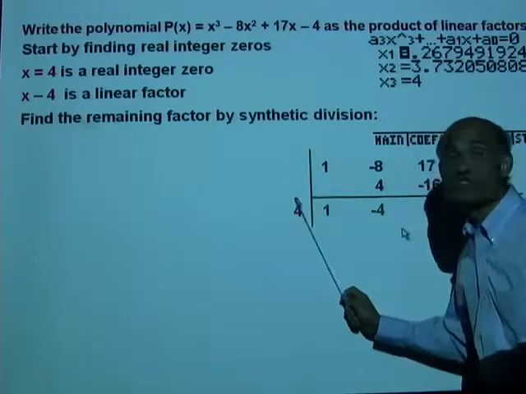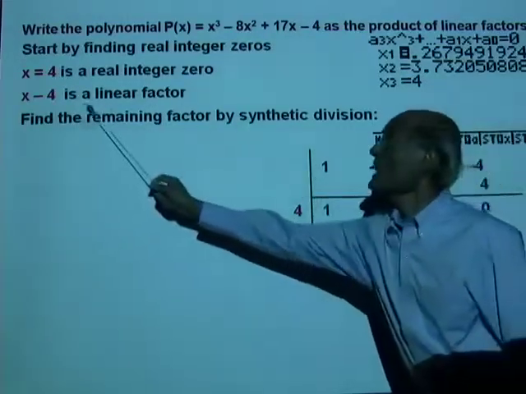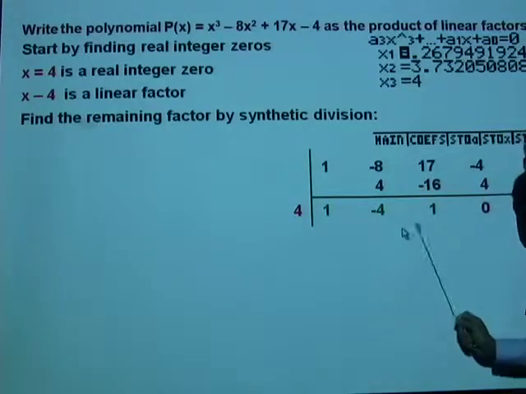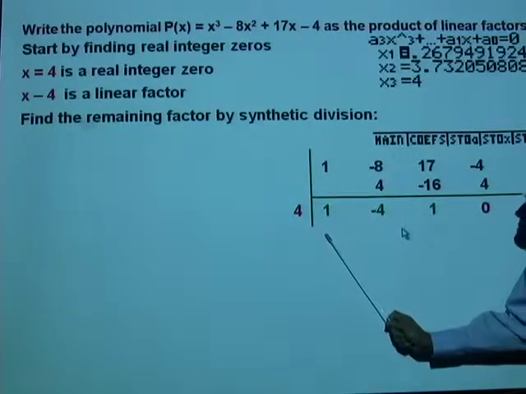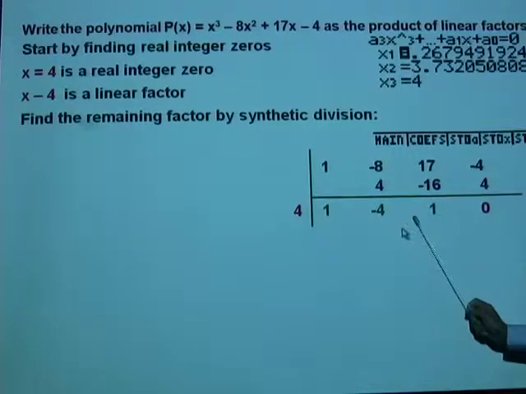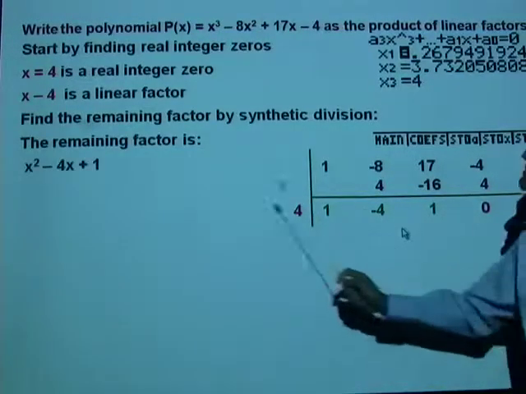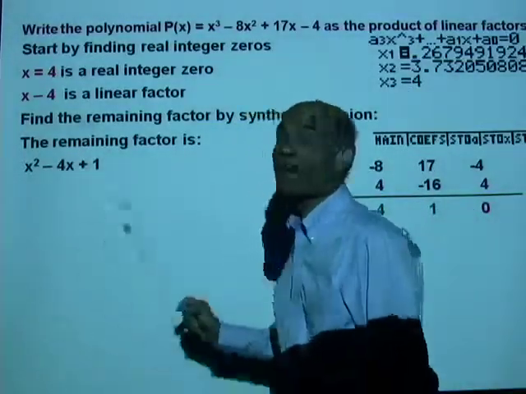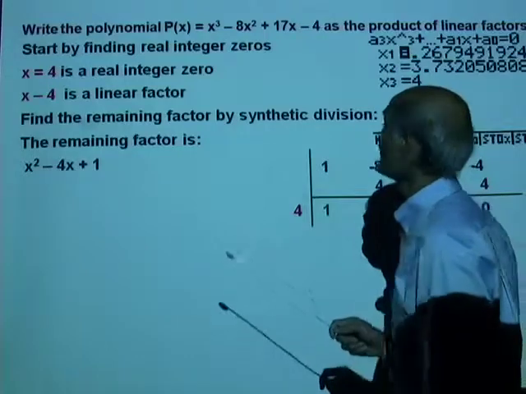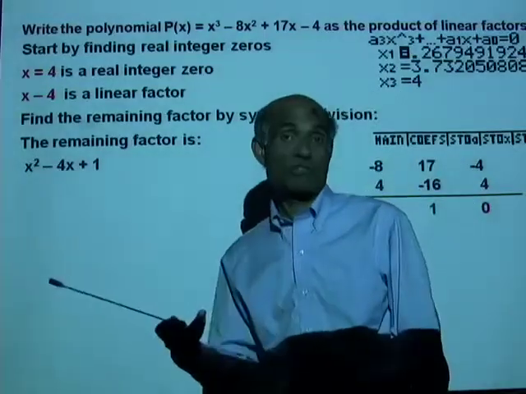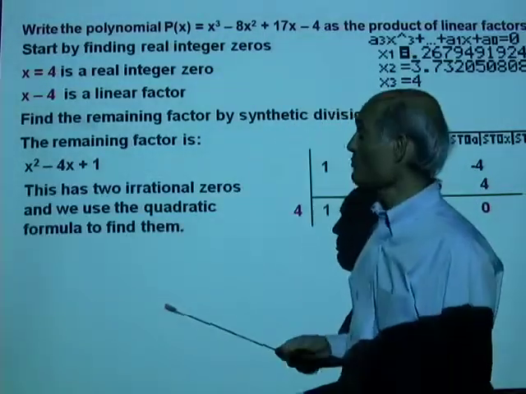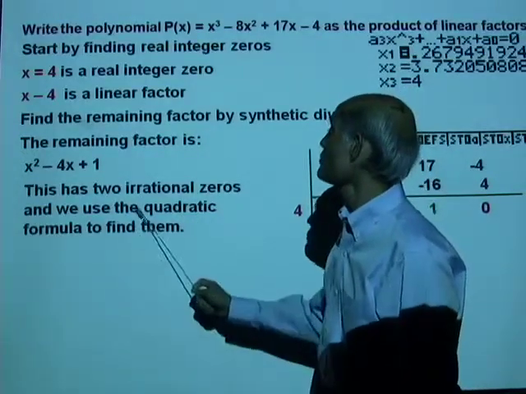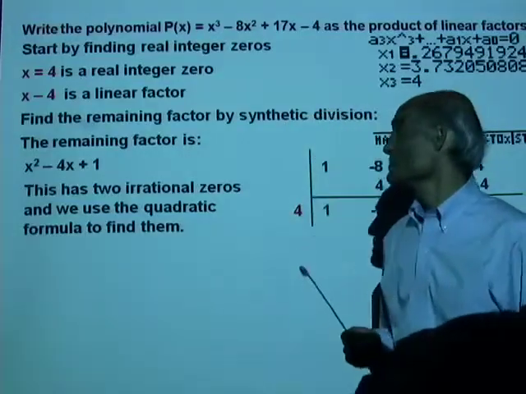So 4 is a 0 of the polynomial. x minus 4 is a linear factor. Therefore, the remaining factor is, can you read it? It will be x squared minus 4x plus 1. And to find the rational factors of these, we can use the quadratic formula. Now this has 2 irrational zeros, and we use the quadratic formula to find them.